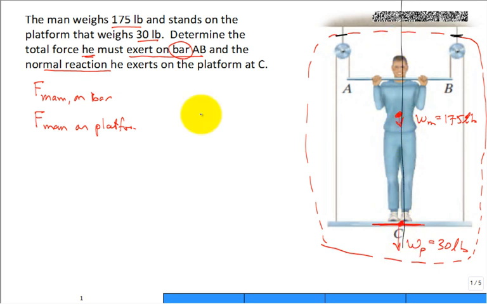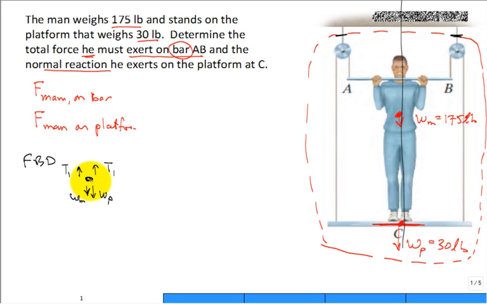So we would do a free body diagram on the whole man-platform system, and we would only have 2 tensions up, the tension in this cable, let's call it tension in cable 1, and they're the same. And we would have the weight of the man and the weight of the platform.